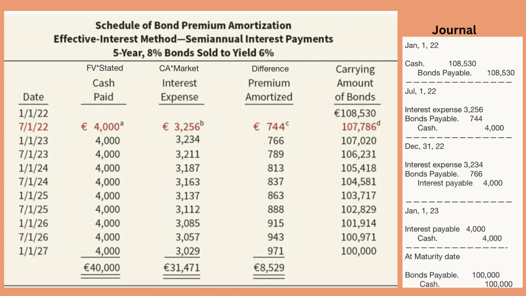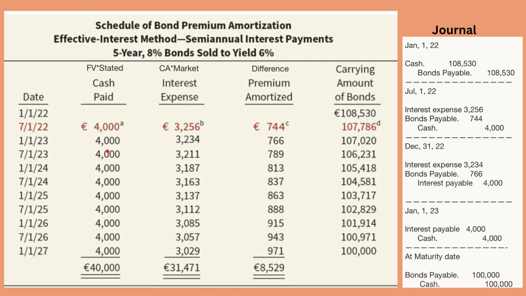Now, at the end of the year, I need to adjust my report. So at December 31st, 2022, I need to journalize the adjusting entry for the accrued interest because I did not pay it yet. I'm going to pay it tomorrow. So we're going to debit interest expense for 3,234 because again expenses decrease equity, so they should be on the debit side.